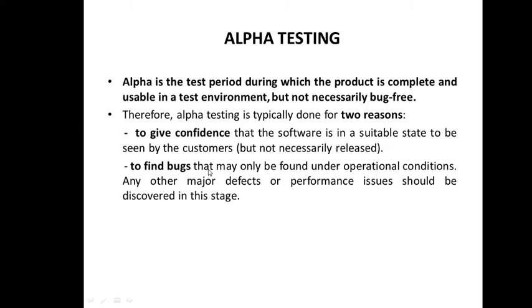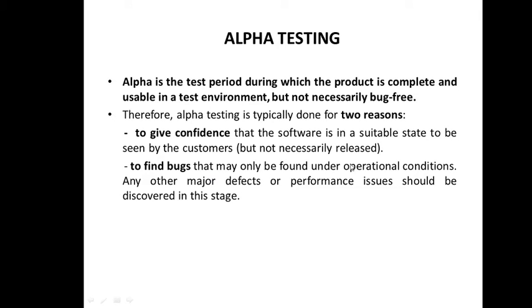And to find the bugs that may only be found under operational conditions, right? In the development environment, as far as possible all the errors have been identified and tested. But the development environment and the operational environment are entirely different.